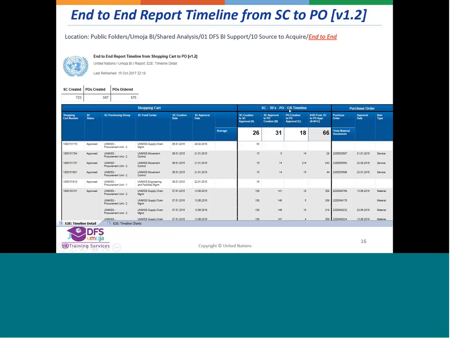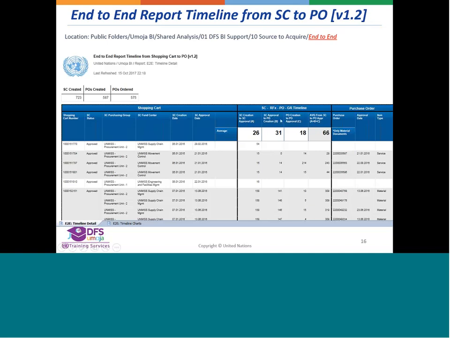But besides this small issue, let's read together these four numbers. For a particular mission, we have 26 days on average. That's the way we read it. 26 days on average for all the shopping cart creation to approval for our particular portfolio of elements. It takes 31 days on average from shopping cart approval to PO creation.